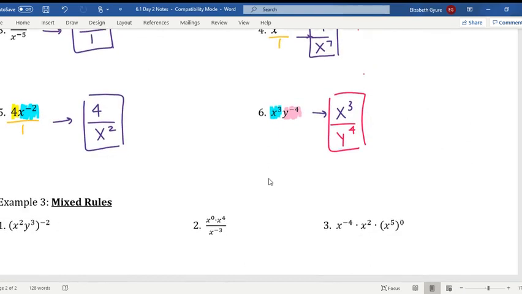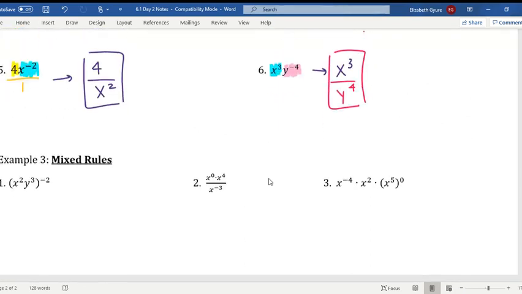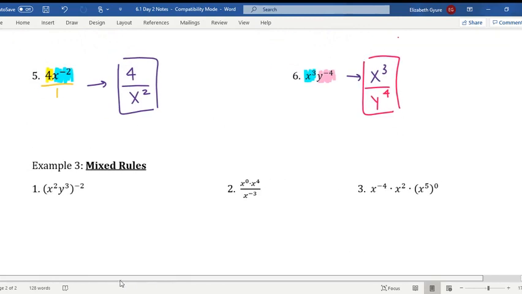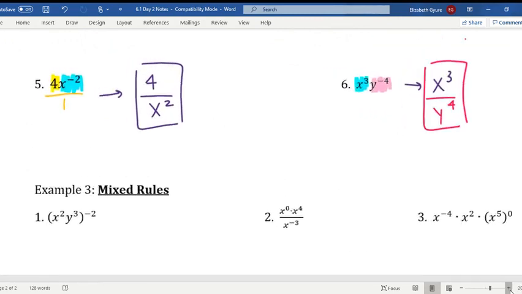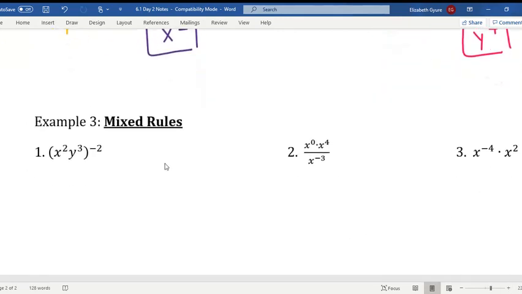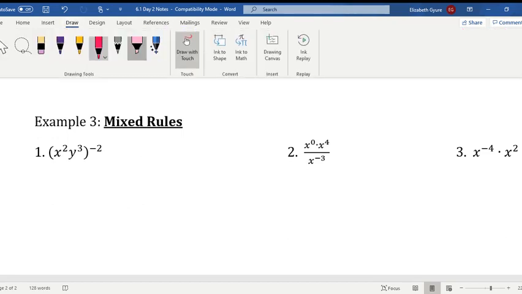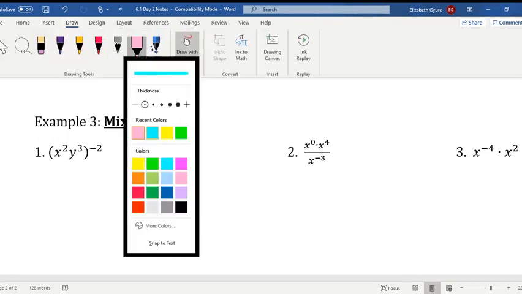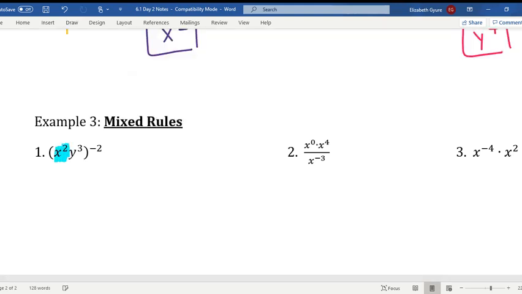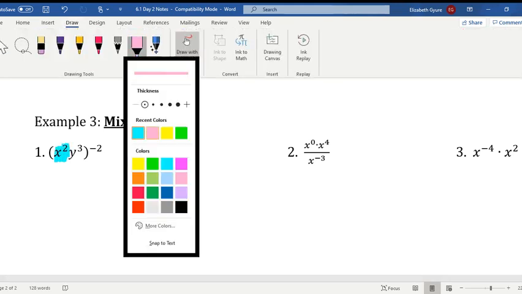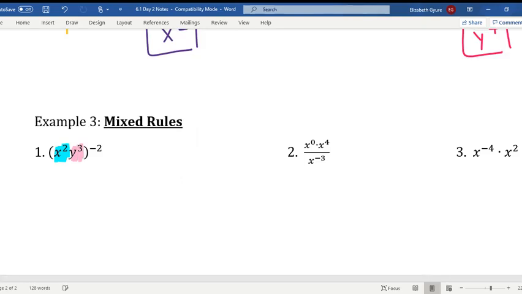All right. We got some mixed rules now, just 3 of them. We're going to try these out. All right, so take a look at number 1. We got x squared and then y to the third, all raised to the negative second.